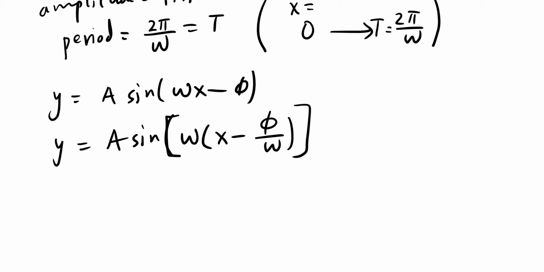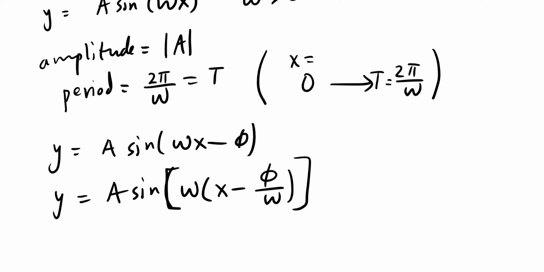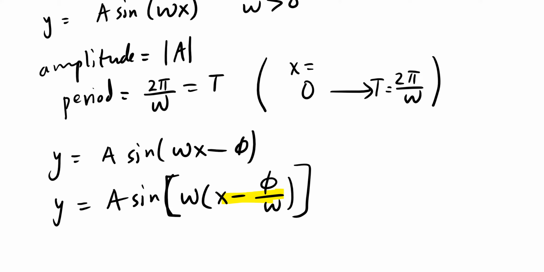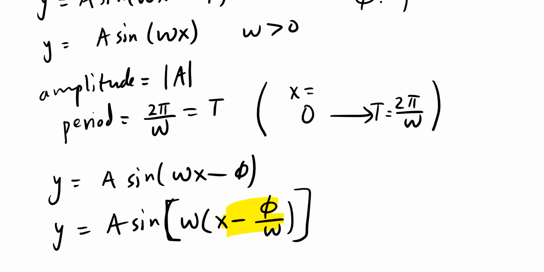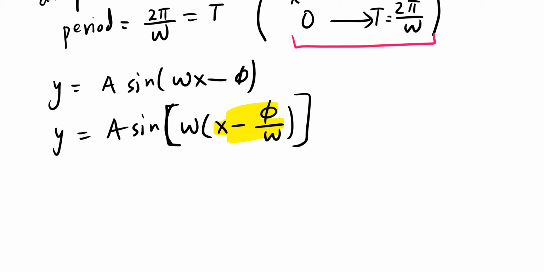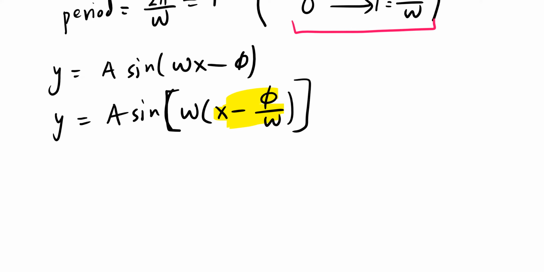So now if I compare this, this part matches this part. You see it? These two, the yellows. In the original function, x went from 0 to 2 pi over omega. So I can apply it to this one to see where it is going to start.